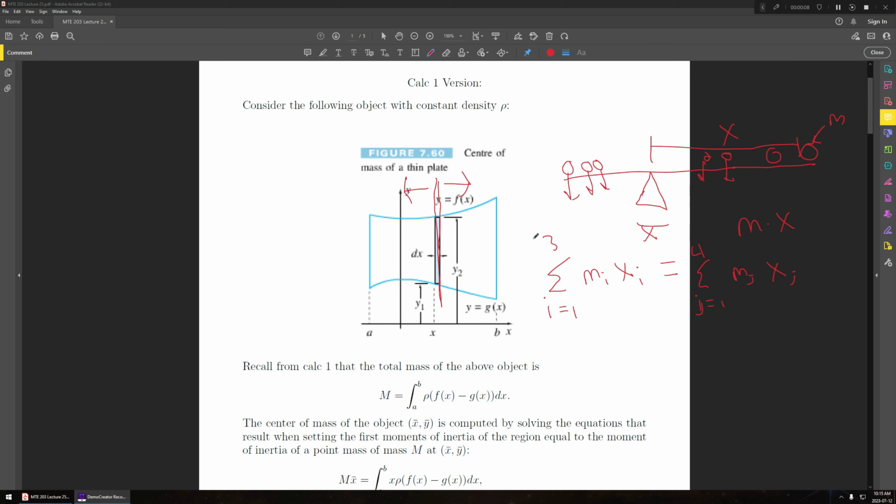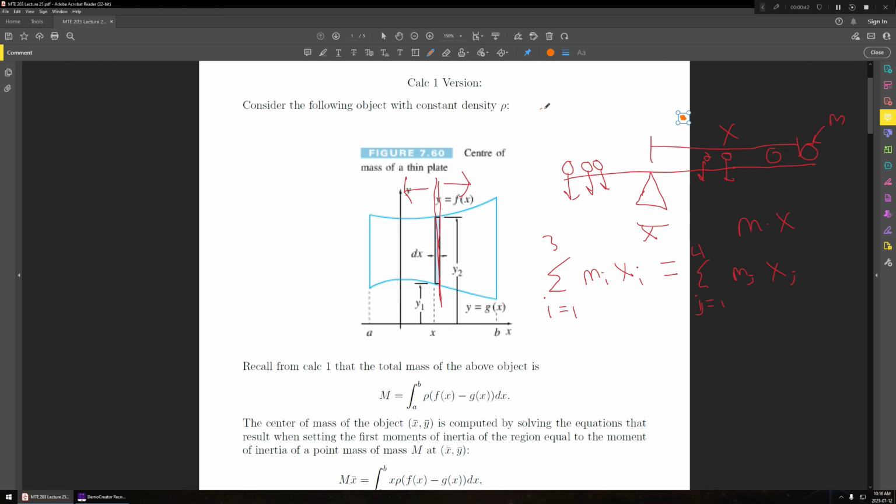Now, this formula is not particularly useful because within these x_i's, I have this unknown x bar floating around. So what we end up doing, to get something a little less conceptual but more useful in practice, is, based off this picture here, I define some coordinate system where x is 0 maybe here.